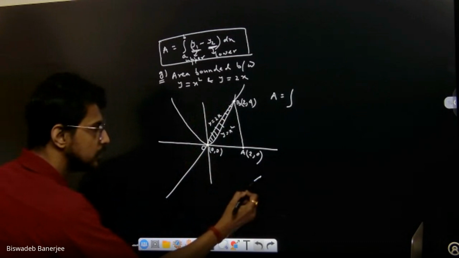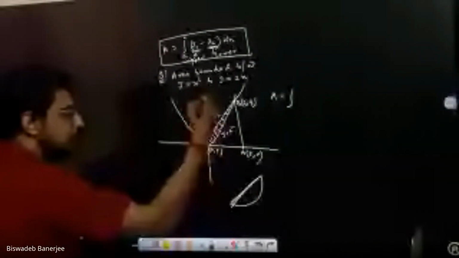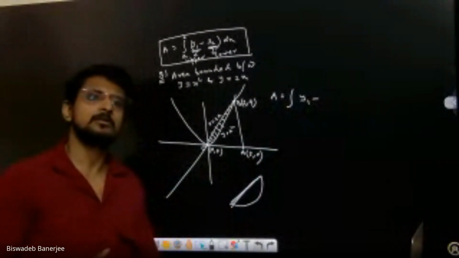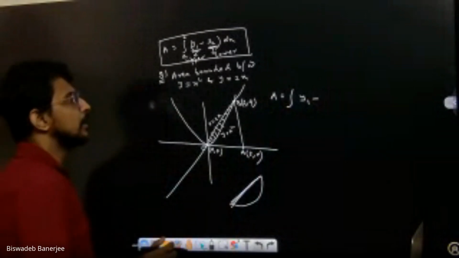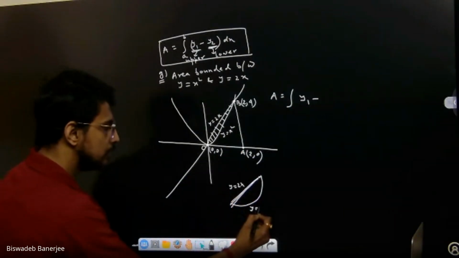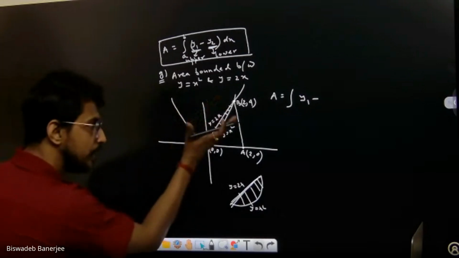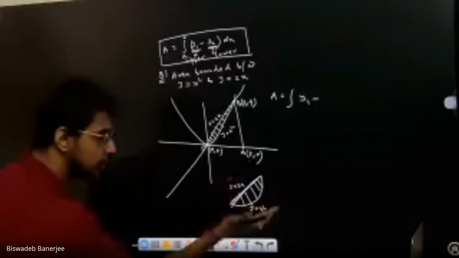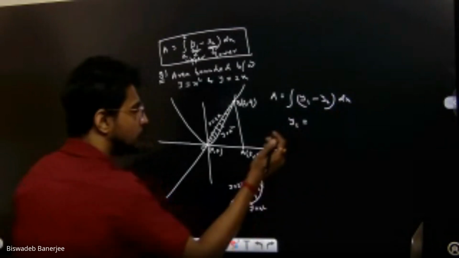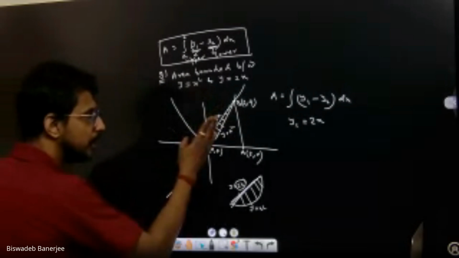If we draw this diagram, the curve that lies in the upper part is my straight line, and the curve that lies in the lower portion is my parabola.